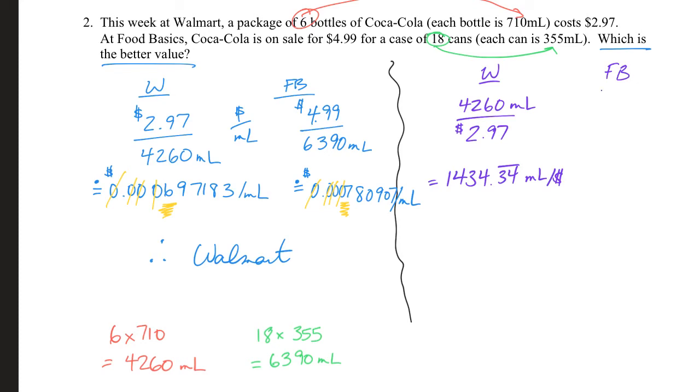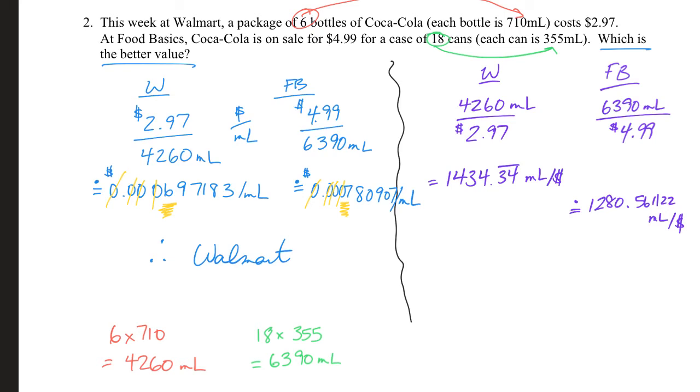If I do the same thing with Food Basics, and I take the 6,390 milliliters and divide it by the $4.99, that's going to get me approximately 1,280.561122 milliliters per dollar. I can come up with those two rates, and they have their units on.